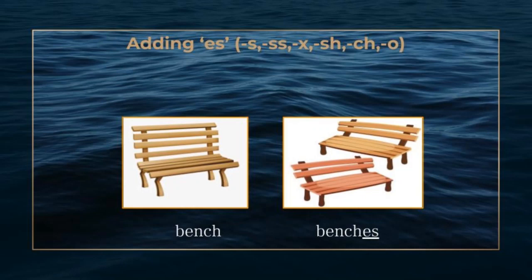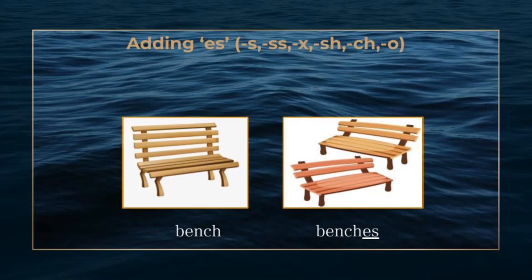Yes, you're right, benches. Because look at the last letters of the word bench. The word bench ends in CH. If a singular noun ends in CH, we have to add ES. So we added ES to the word bench. The singular noun is bench.